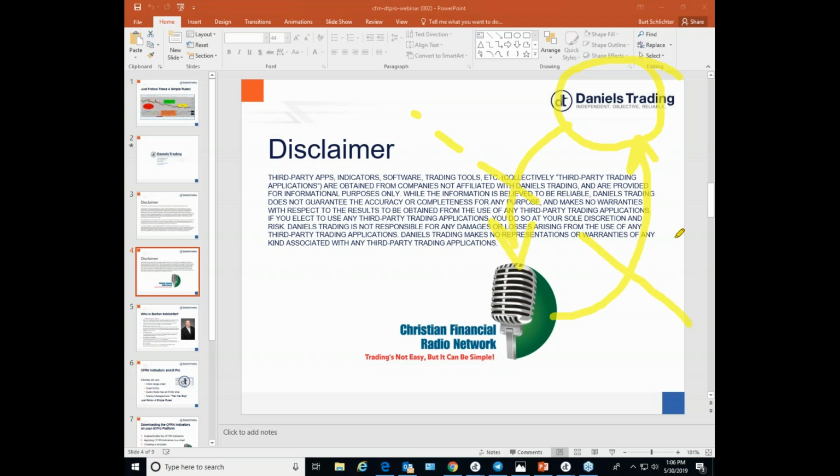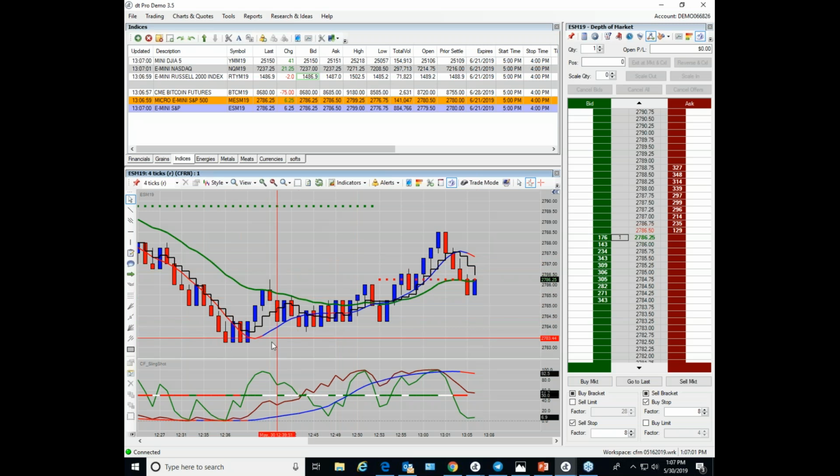And the bottom line is that the indicators are property of CFRN. They're a third-party app. They're an indicator software trading tools. Okay, they're the educator. So all their indicators, which you see in front of you, are built inside my platform called DtPro.